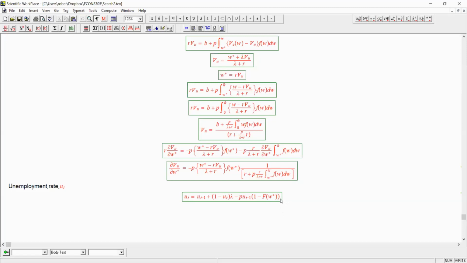Now, we're going to be interested in the steady state, at least for now. And so the steady state unemployment rate is something we can find by just deleting the time subscripts. Now, this of course becomes 0. Subtract U from both sides. Now expand these terms.